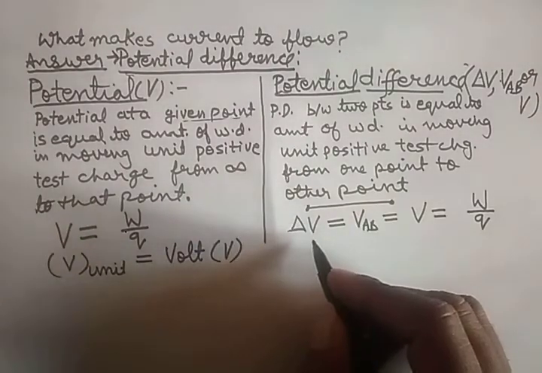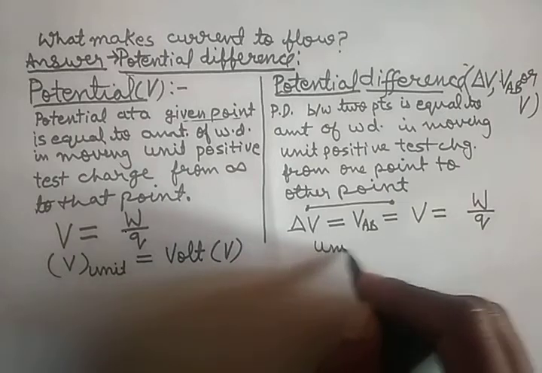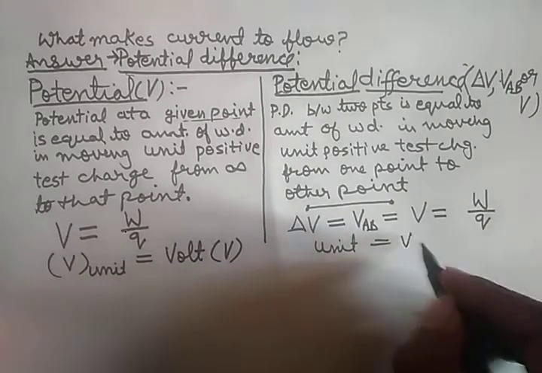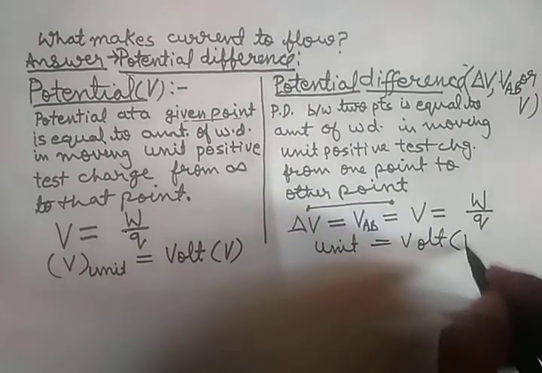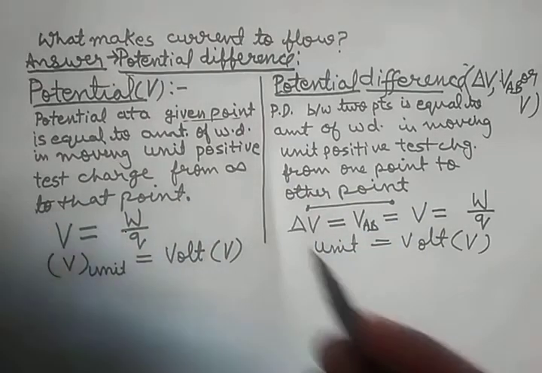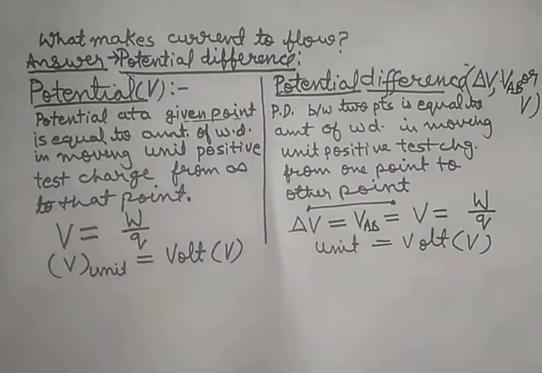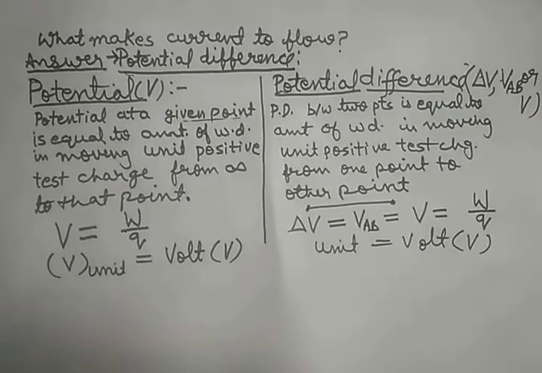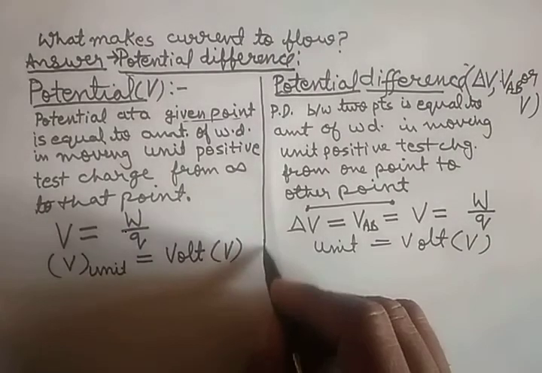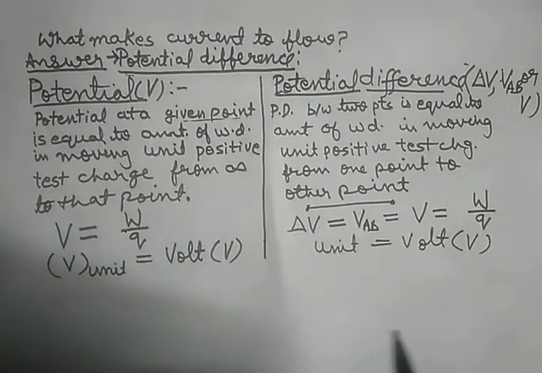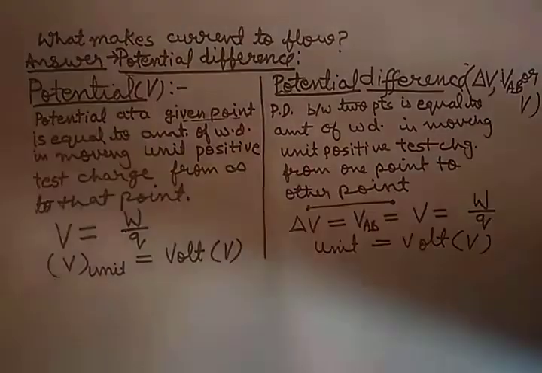The unit is the same, volt. Why? Because it is just the difference. Like if I subtract two lengths, still it will be measured in meters. Still it is length. Now what does potential difference do? Potential difference gives us an idea in which direction current will flow.